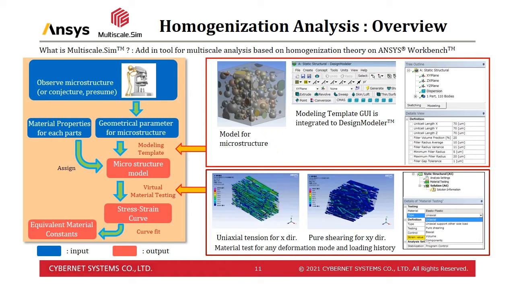As a result, we can evaluate the macroscopic material response as a stress-strain curve, and then curve fitting analysis is performed in order to predict material constants for any material constitutive law. All of these procedure settings can be performed in the Ansys Mechanical GUI. So you do not need to learn a new operational procedure if you are an Ansys user.